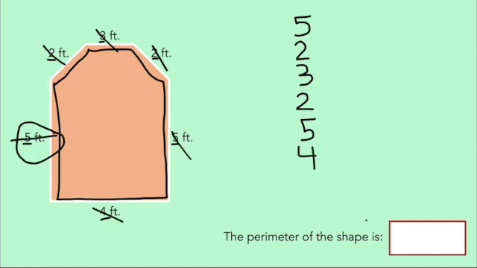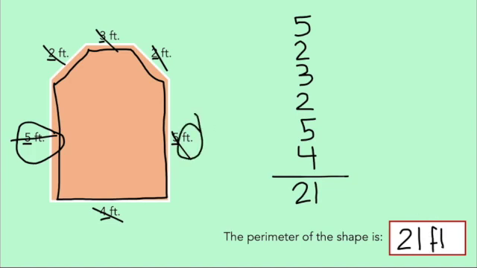So now I know I've got all my numbers here, and now I'm just going to add them up. So 5, 6, 7, 8, 9, 10, 11, 12, 13, 14, 15, 16, 17, 18, 19, 20, 21. So all of those sides added up is 21. So the perimeter of the shape is 21 feet.